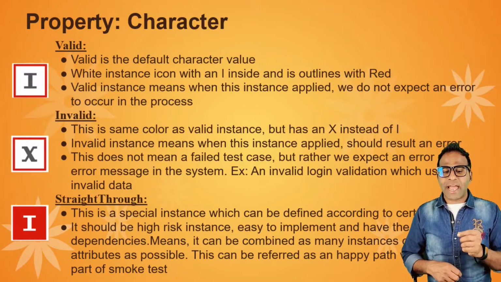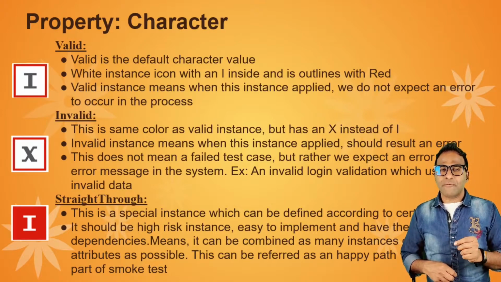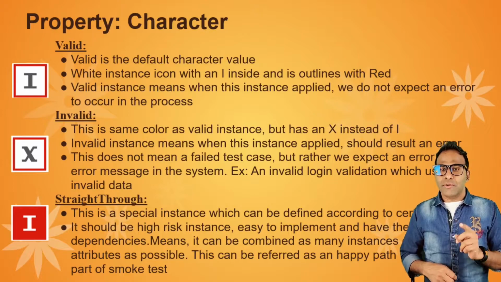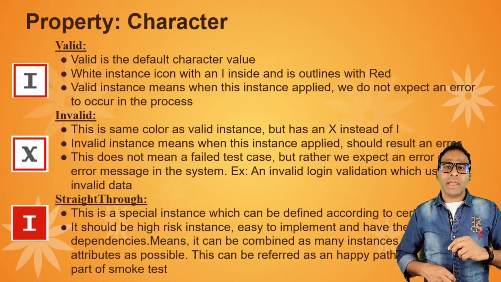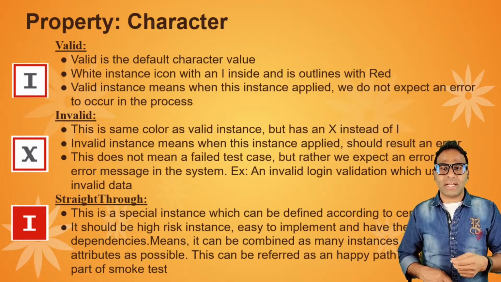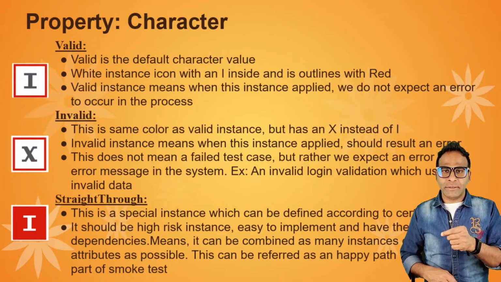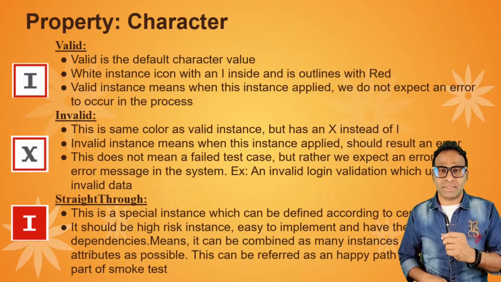A valid instance means that when this instance is applied to a test case, we do not expect an error to occur in the process. So if you generate a test case combination using this valid instance, you will get a test case that does not fail or produce any error message.